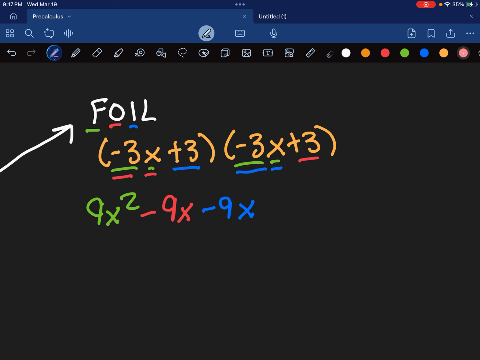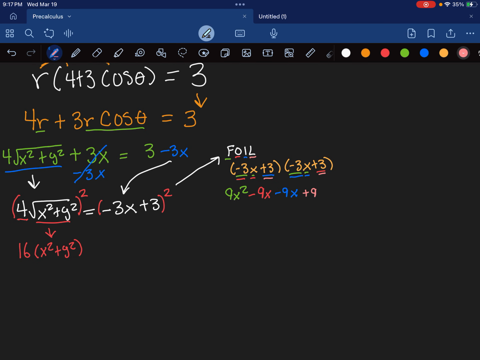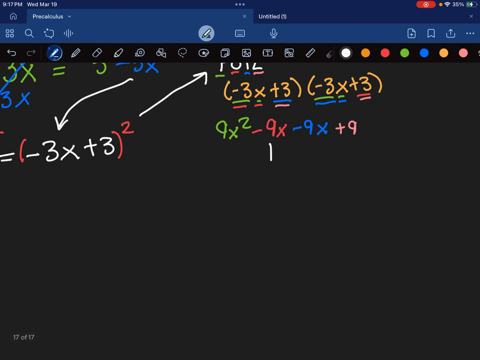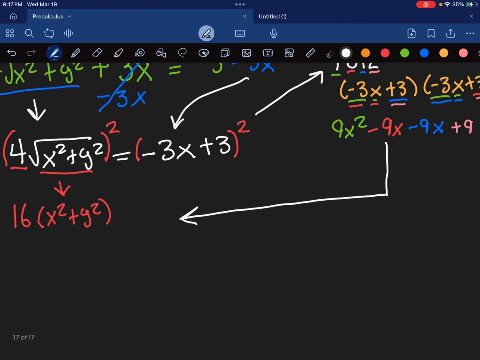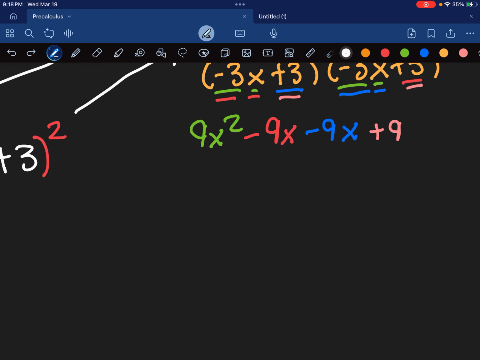Okay, so then we move on to the L, which is the last. So the last will be the 3, and then the 3 at the end over here also. So 3 times 3 is just going to be a positive plus 9. Okay. So then what we're going to do next is take this and move it over here. Made that too long. Actually, let me do this.